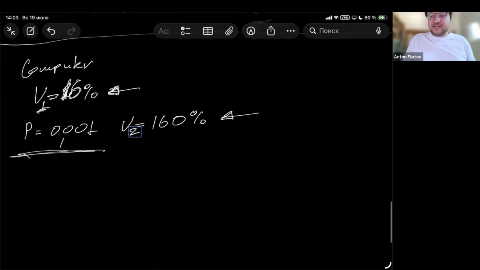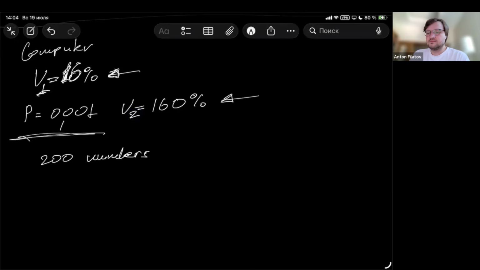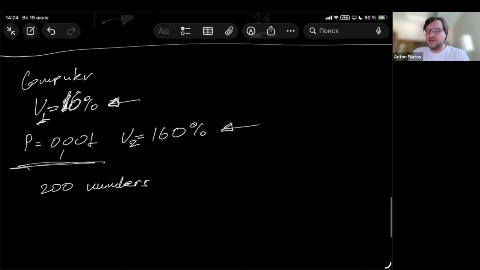Okay, so the question now: you get a sample of, say, 100 numbers, 200 numbers. Question number one, what do you think the realized volatility of this sequence is? Educated guess, right? Let's say it's not 1 out of 1,000.